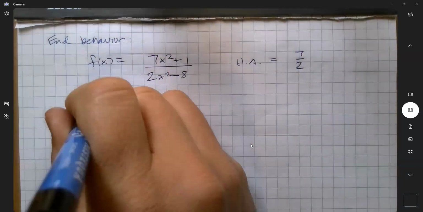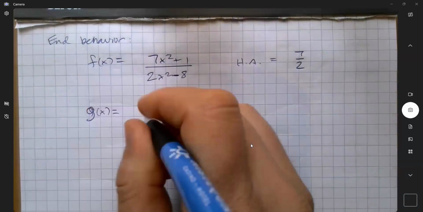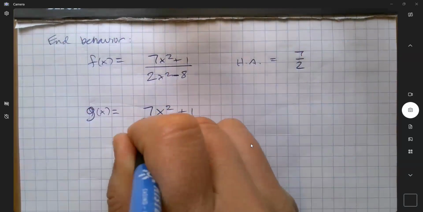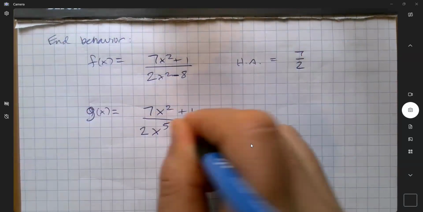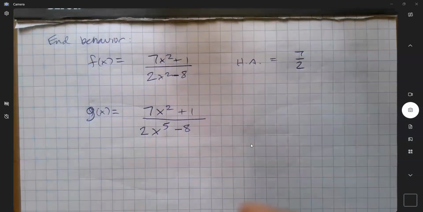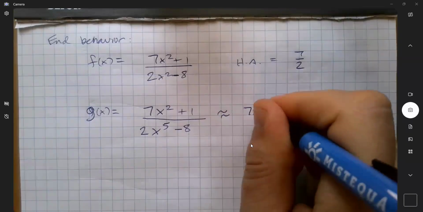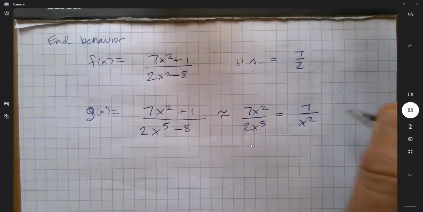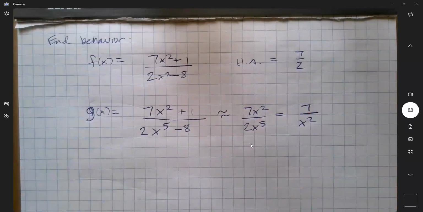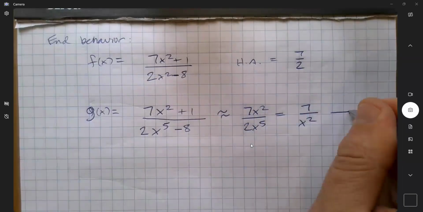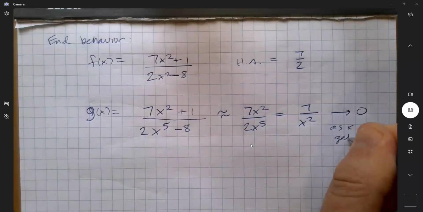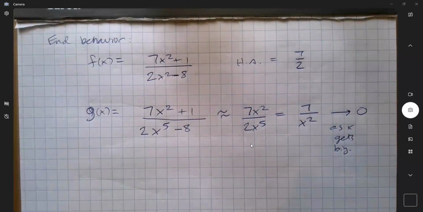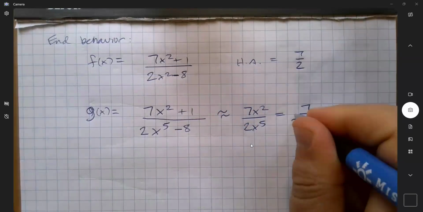But what if I have something like g of x equals 7x squared plus 1, but the denominator is 2x to the fifth minus 8? When x gets very, very big, this starts to look like 7x squared over 2x to the fifth. But when I reduce it, I get 7 over 2x squared. And 7 over 2x squared goes to 0 as x gets big, because you're dividing by bigger and bigger numbers.